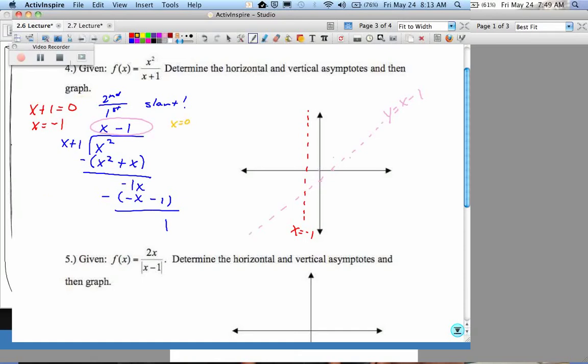When x equals 0, what does y equal? 0 over 1, which is 0 again. So it kind of looks like my graph is going to be right here. And I assume in this corner. Is that right?